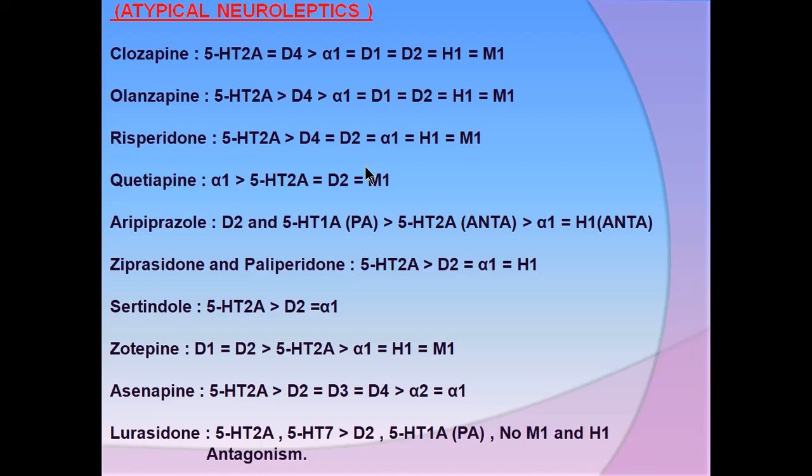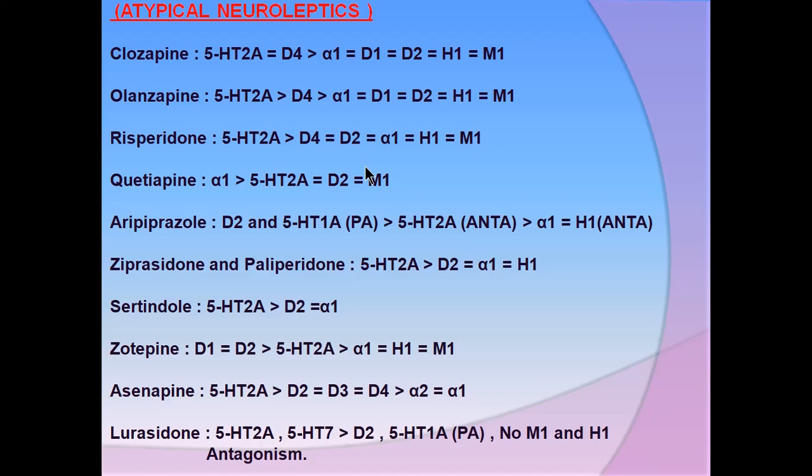Next drug is ziprasidone and paliperidone, which have more affinity for 5-HT2A than that for D2, alpha 1 and H1 receptors. Next drug, sertindole, has more affinity for 5-HT2A than that for D2 and alpha 1.